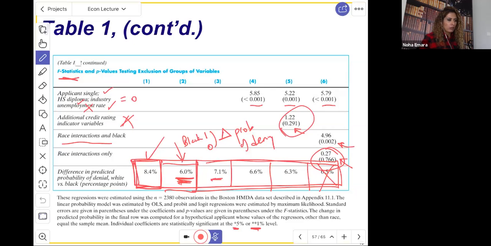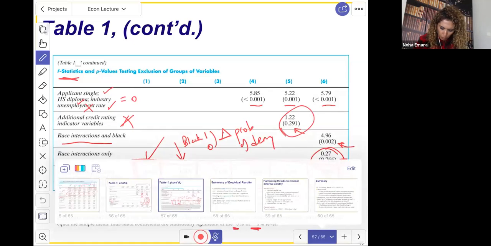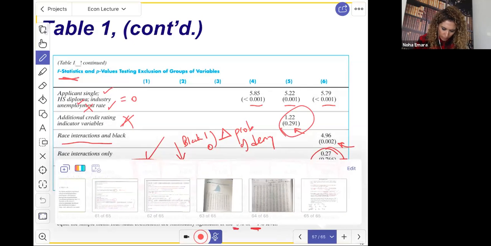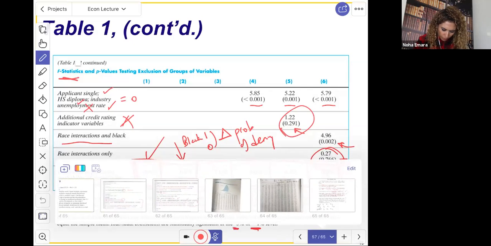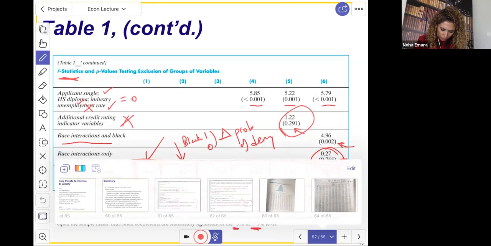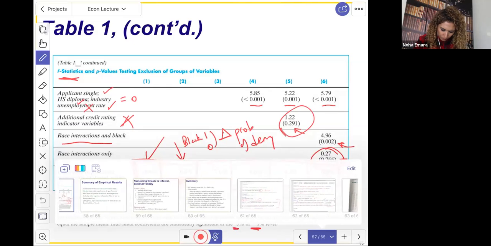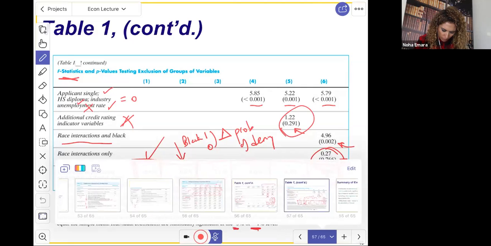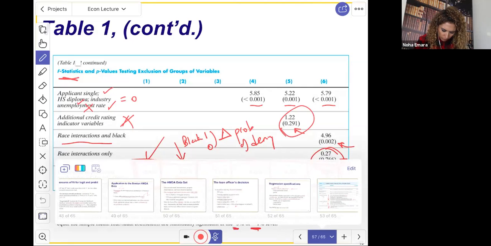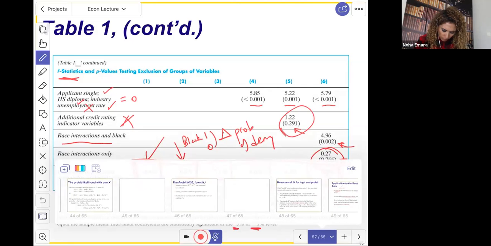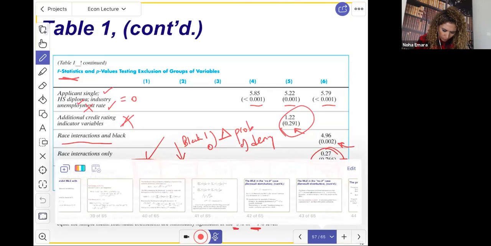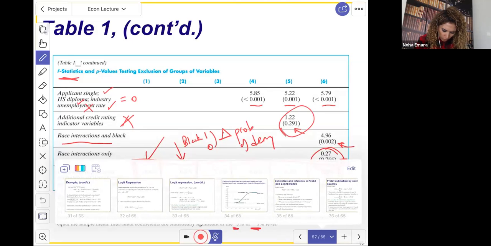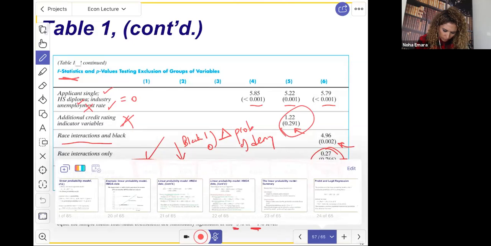All right. Next, what I have for you here is one more practice, which is the non-Stata practice, which you have on your Sakai site.